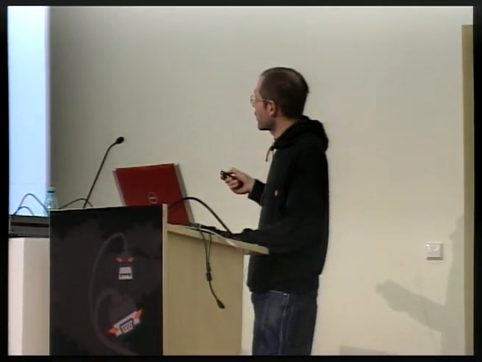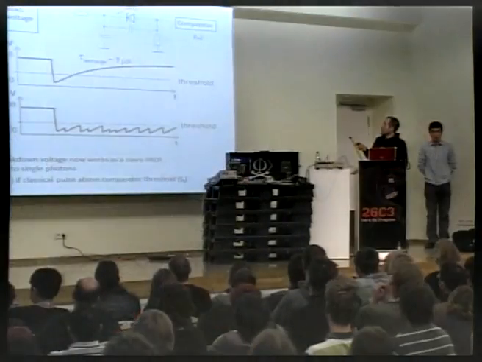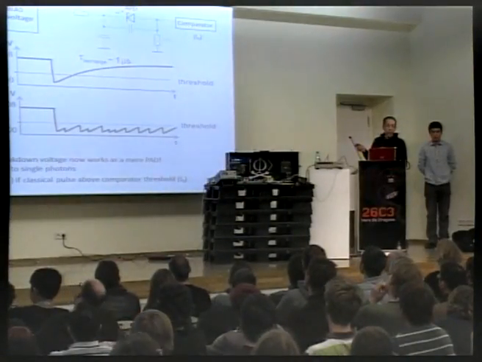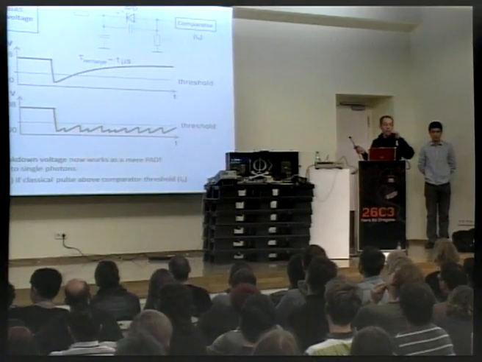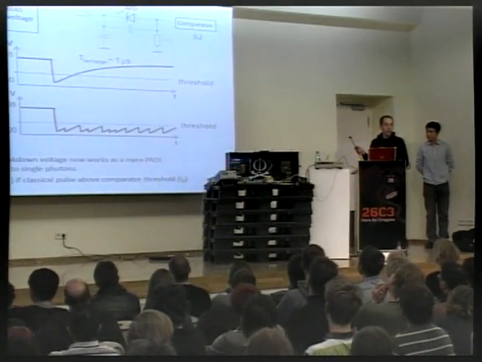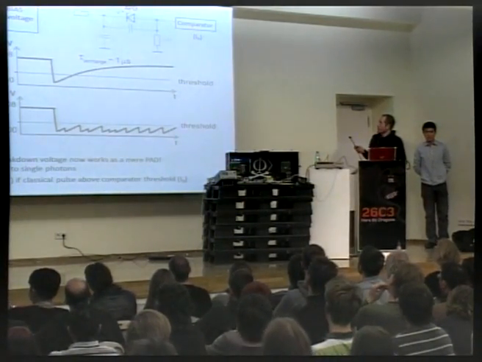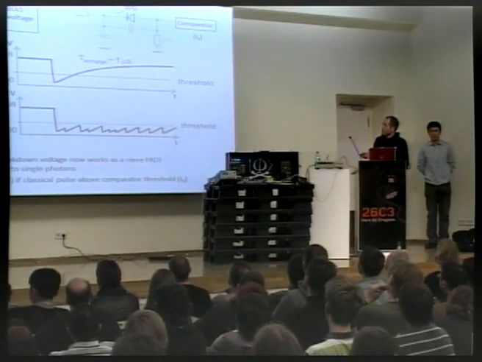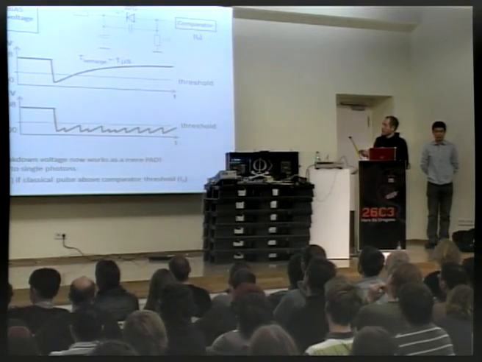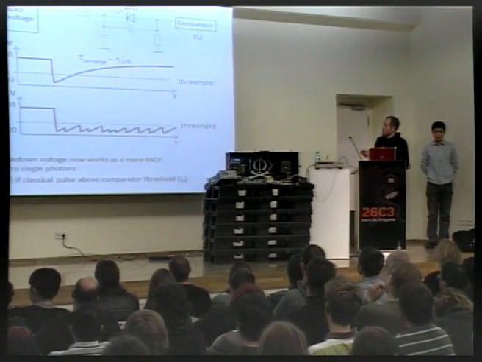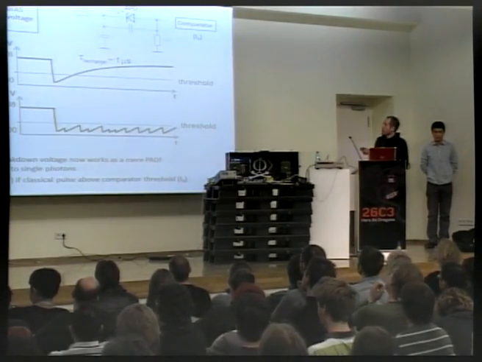And the current at the resistor here is converted into a voltage, which is measured by a comparator. If the voltage goes above the comparator threshold, you get a click. And so under single photon illumination, what you can monitor here is the voltage at the APD.